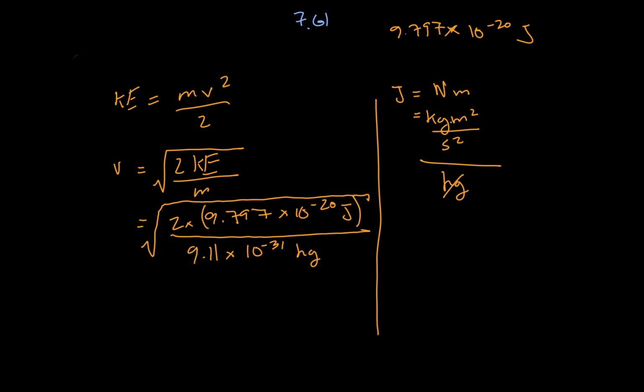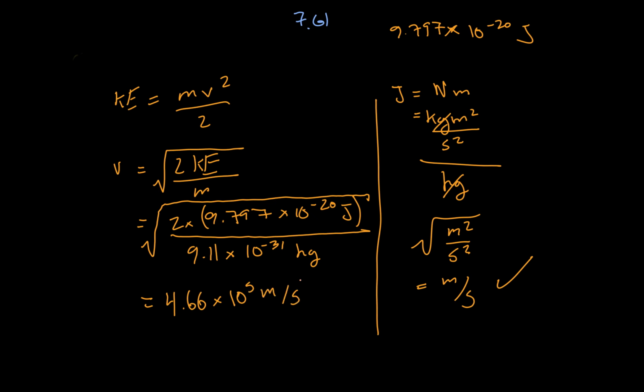So kilogram is going to cancel kilogram, and then the square root of meters squared over seconds squared is going to give us meters per second, which is perfect for velocity. That's what we want. Okay, so once we solve this thing, you should come out with a value of 10 to the 5 meters per second. And there you go. There's your photoelectric effect work function question.